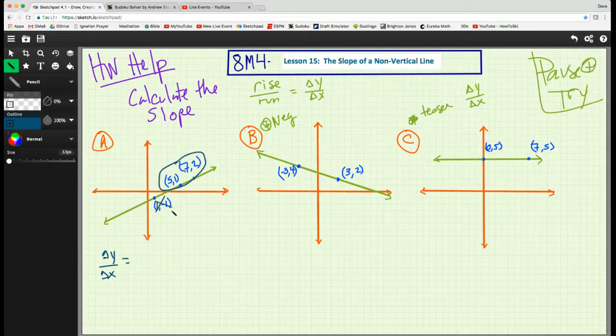I'm not going to use this point because it has a negative number, and I don't like dealing with negatives if I don't have to. So our change in y is 2 minus 1. Our change in x is 7 minus 5. And so we get a 1 over 2.